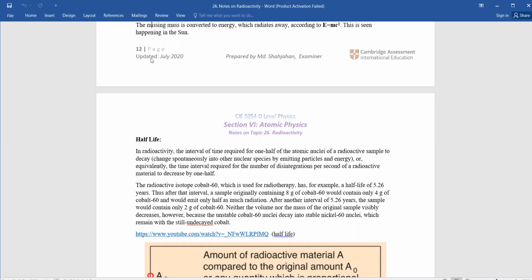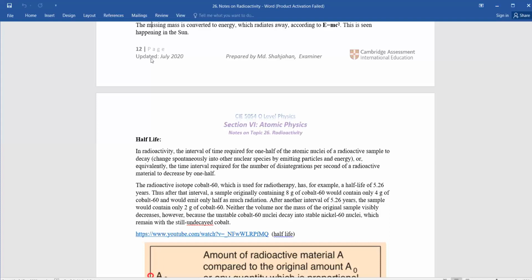Okay, now we are going to discuss that one. You have some discussions here. Can you read please in radioactivity part? Yeah, from there, half-life in radioactivity.